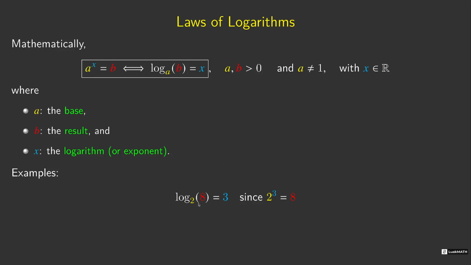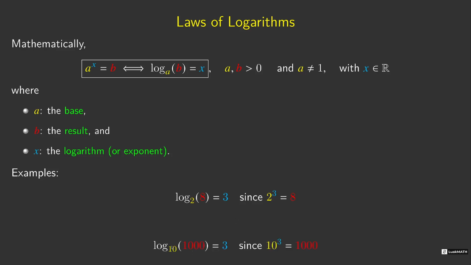It's x. So that's the same thing that we're trying to answer here. Here we're saying, what exponent of 2 produces 8? It turns out it's 3, because 2 cubed equals 8. So we need to exponentiate 2 to 3 to produce 8.